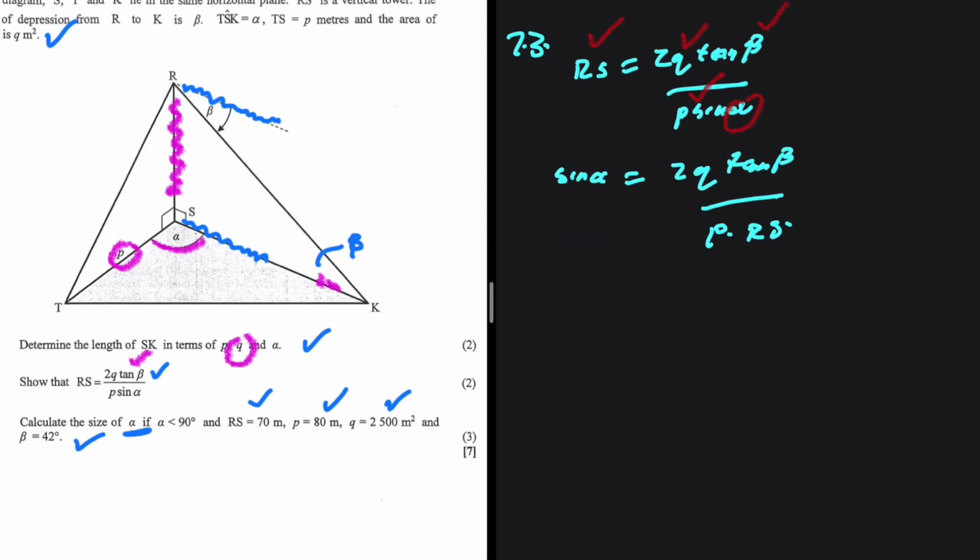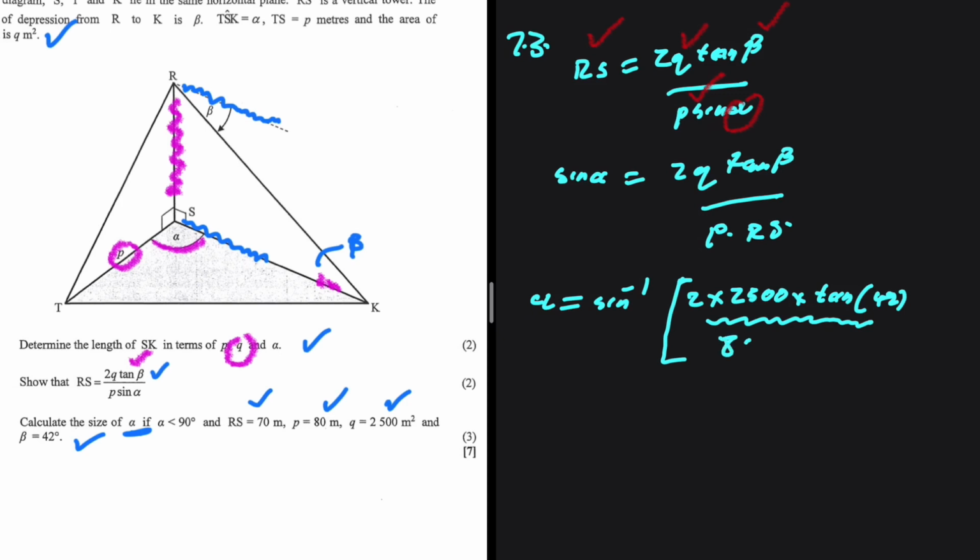So alpha is equal to sin inverse of 2 multiplied by Q, which is 2500, multiplied by tan of beta, where beta is 42, and then we divide everything by P multiplied by RS, where P is 80 meters and RS is 70 meters.